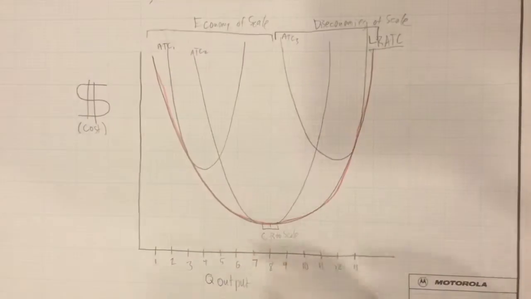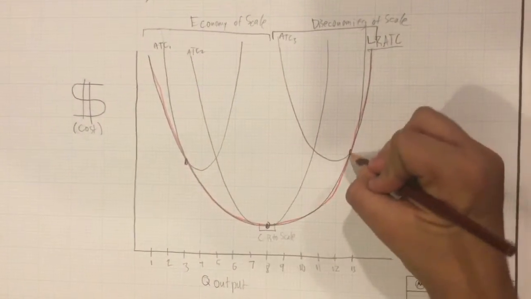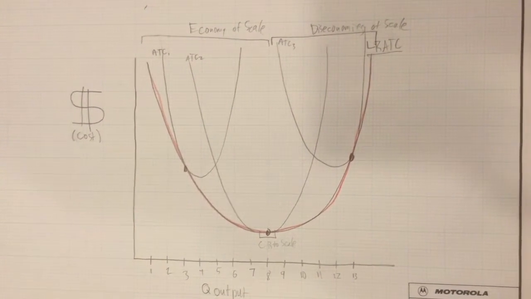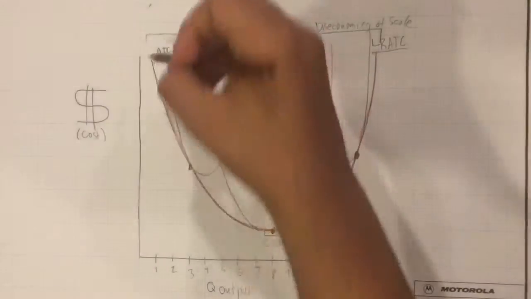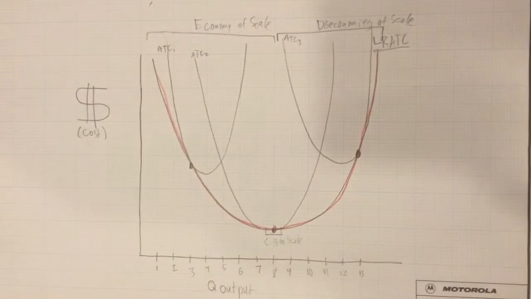And so each of these three cost curves intersects the LRATC at different points. And that is because in the long run, of course, fixed costs are actually variable. And so these are representative of the variation of fixed costs at three different points.